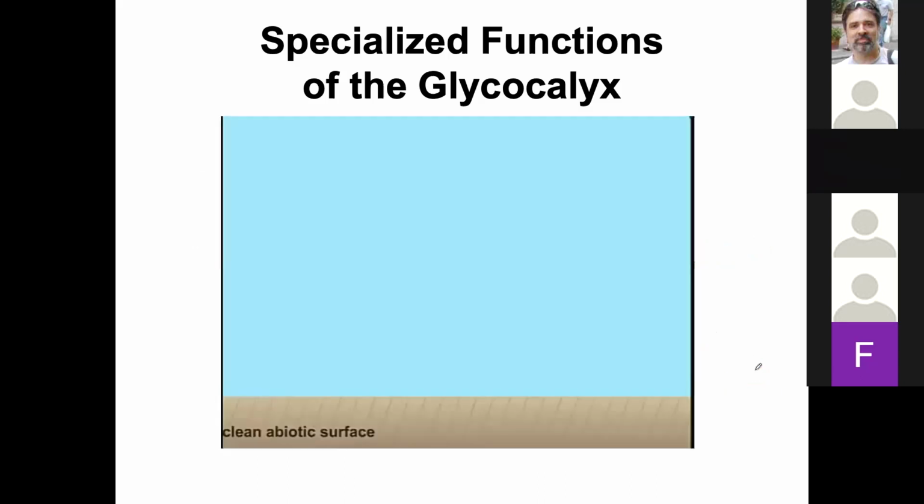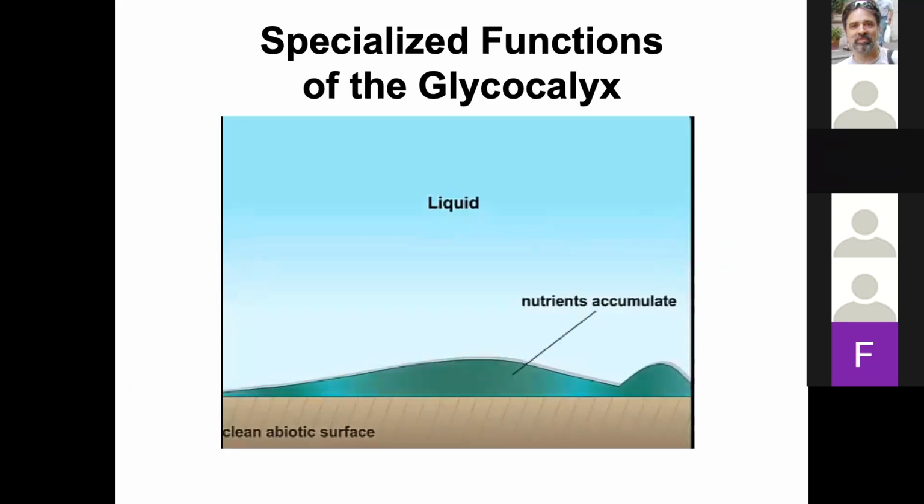So let's look a little bit deeper at the glycocalyx. Clean abiotic surfaces immersed in liquid tend to attract and concentrate nutrients, whereas biotic surfaces such as plant or animal tissue can themselves be a source of nutrients for microorganisms.